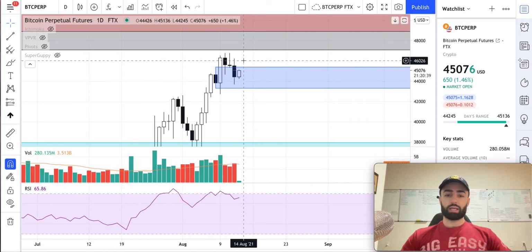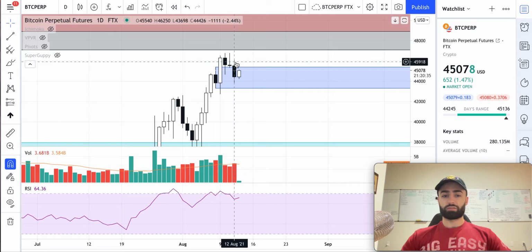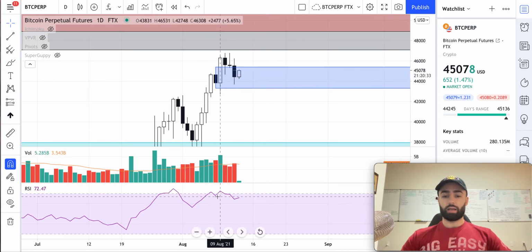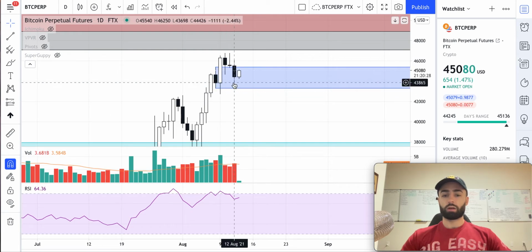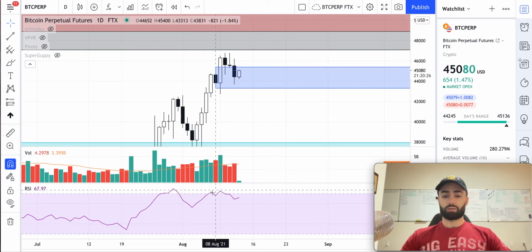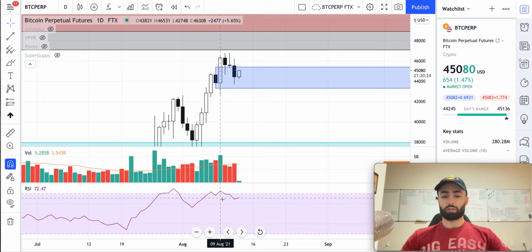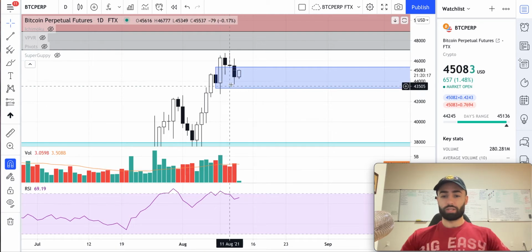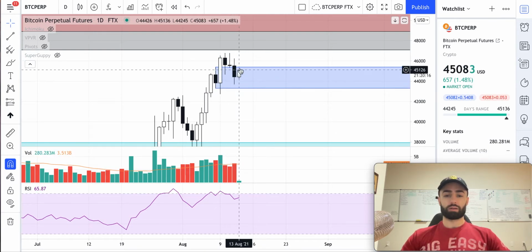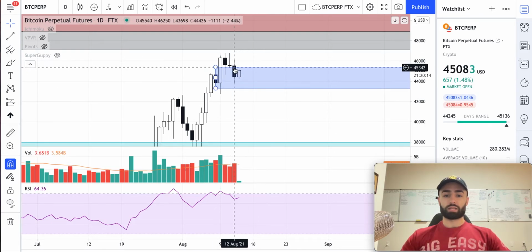So if we end up breaking above this daily high today at 46,250, this hidden bullish divergence will become valid because we formed a higher low on the daily time frame versus the RSI telling us that we should have formed a lower low. So the price is telling the RSI, we're still bullish. And that's what that pattern will end up telling us if we break 46,250, the previous daily high right here.